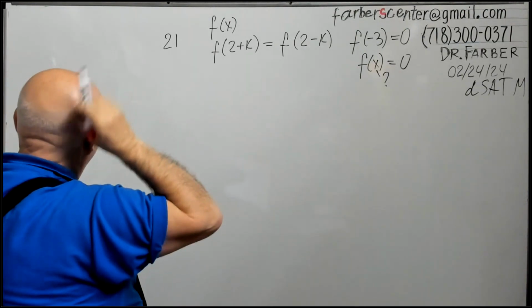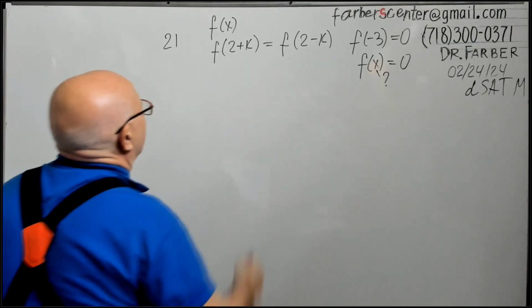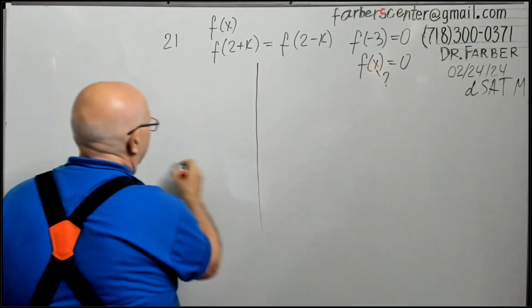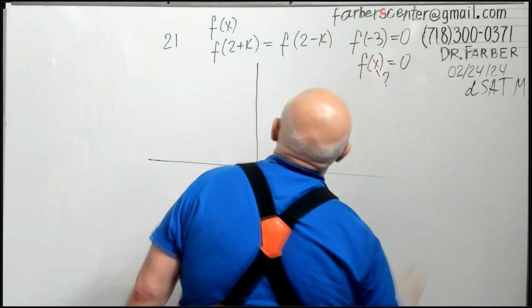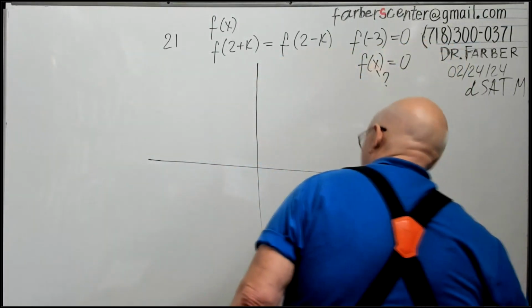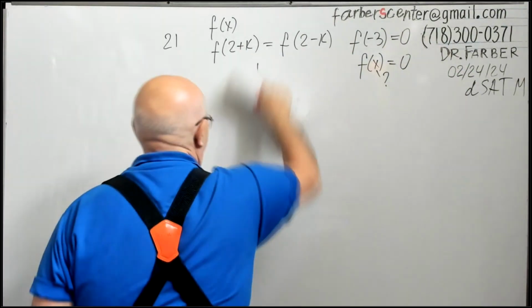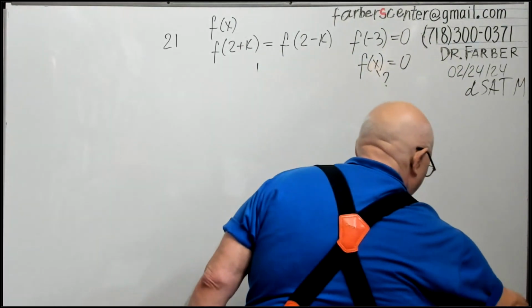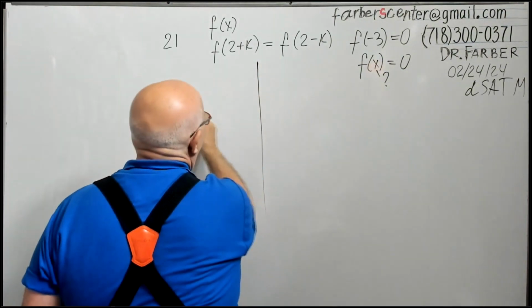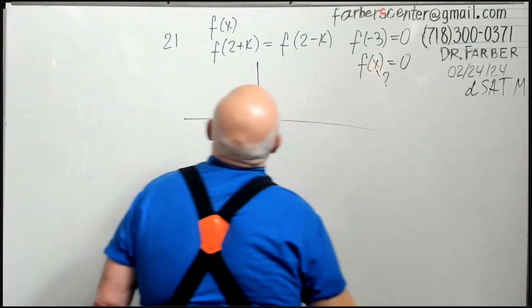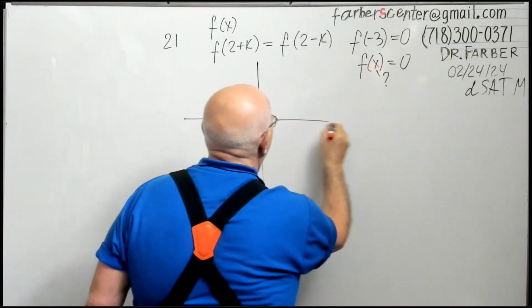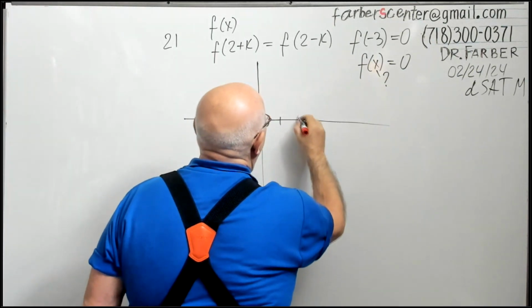Let me make a sketch of this function. Pretend I have Cartesian coordinates. Probably I need more room on the top. And this is 2, 1, 2, pretend.